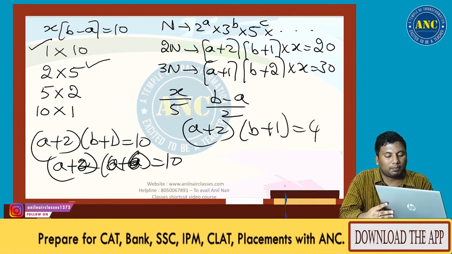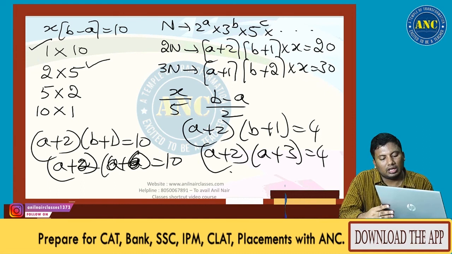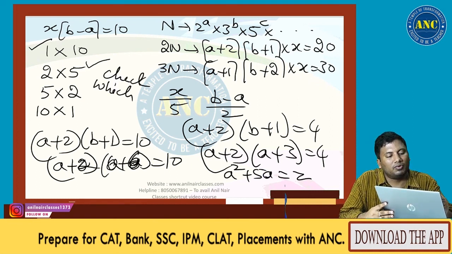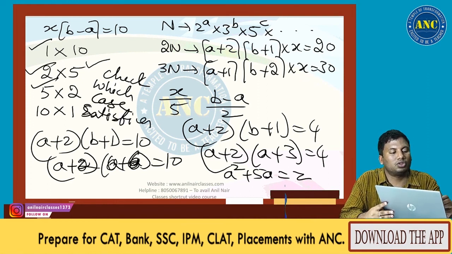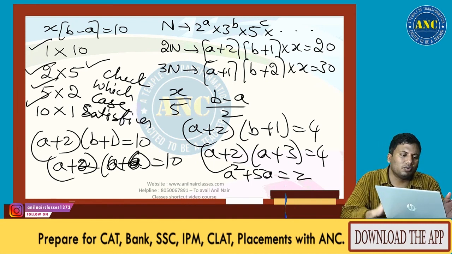B is a plus 2, so (a plus 2) into (a plus 3) equivalent to 4. A square plus 5a equivalent to minus 2. Check which case satisfies this. Like that, 4 cases we have to do: 1, 2, 3, 4. The case which satisfies, substitute the value, you will get the answer.